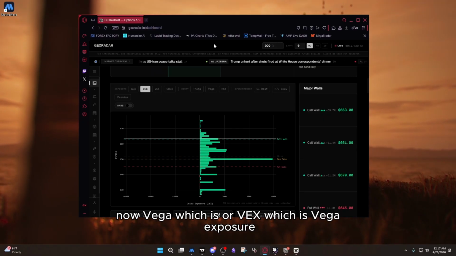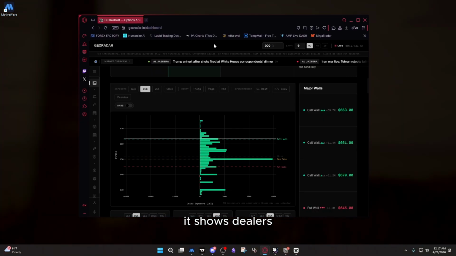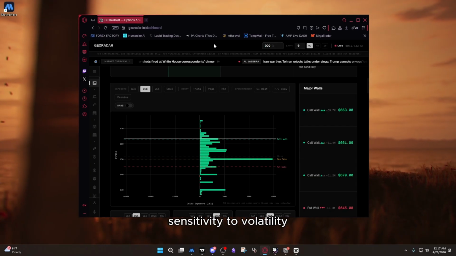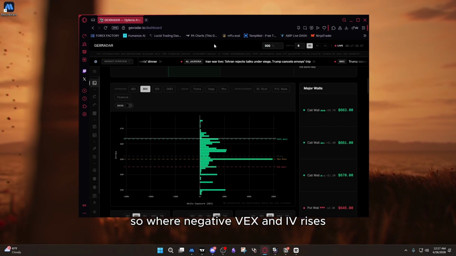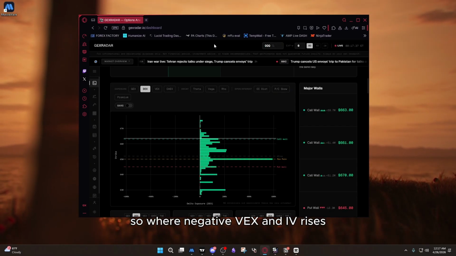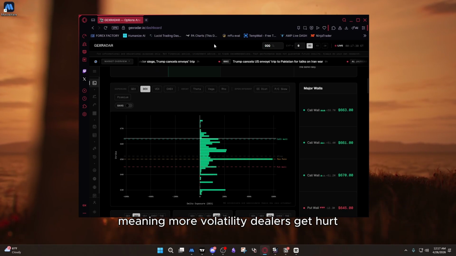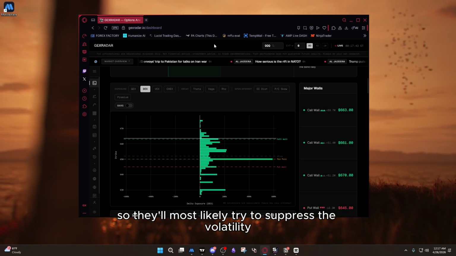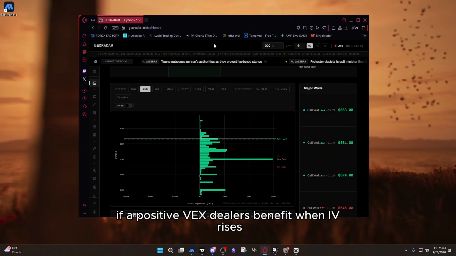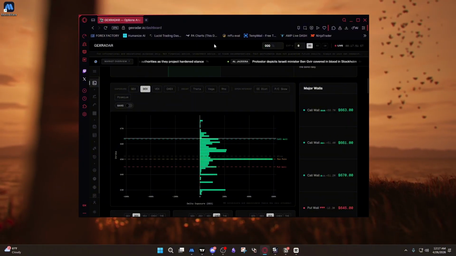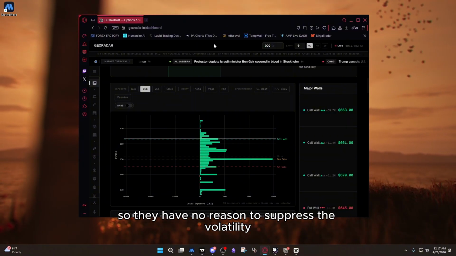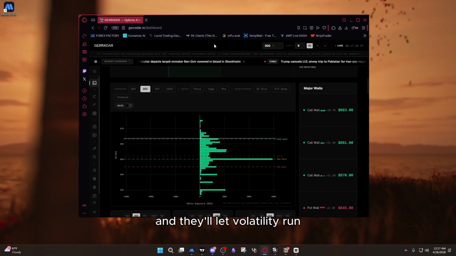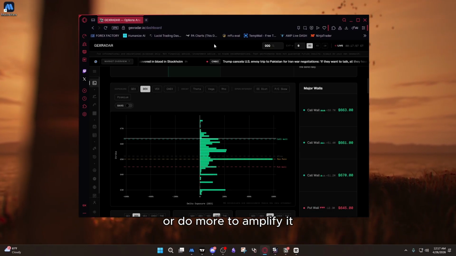Now Vega, VEX, which is Vega exposure. It shows dealers' sensitivity to volatility. So where negative VEX and IV rises, meaning more volatility, dealers get hurt, so they'll most likely try to suppress the volatility. If we're positive VEX, dealers benefit when IV rises, so they have no reason to suppress the volatility and they'll let volatility run or do more to amplify it.